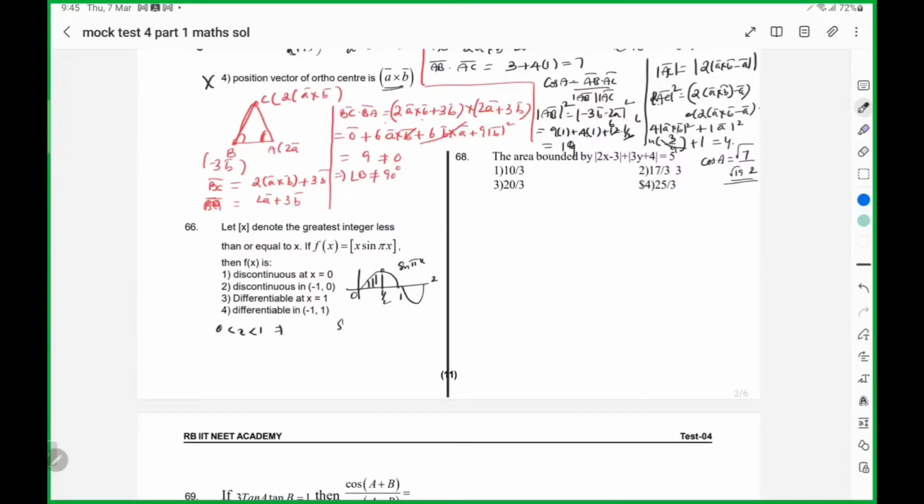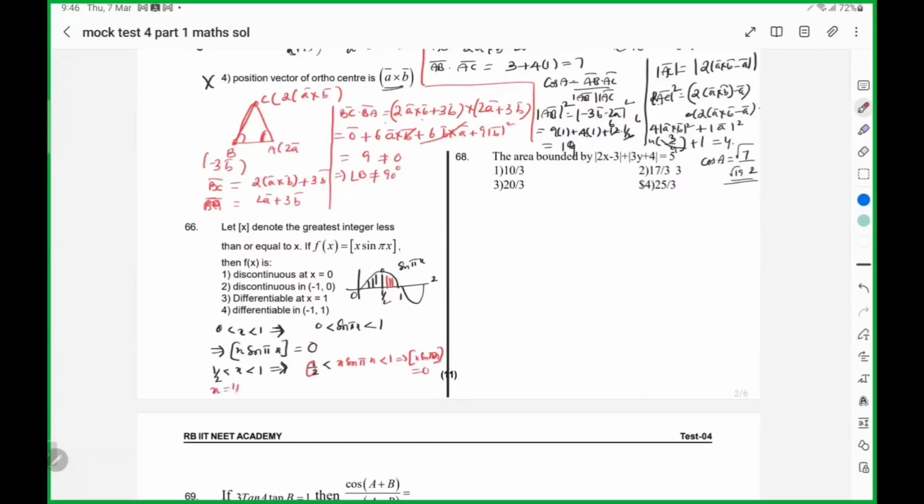Sine pi x values also lie between 0 and 1, so x sine pi x is less than 1, which implies the step of x sine pi x is 0.